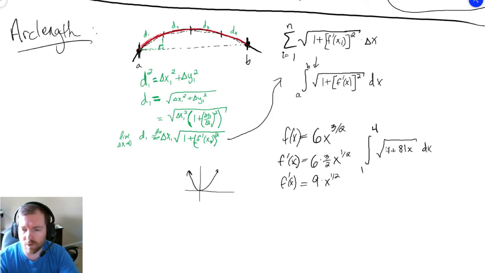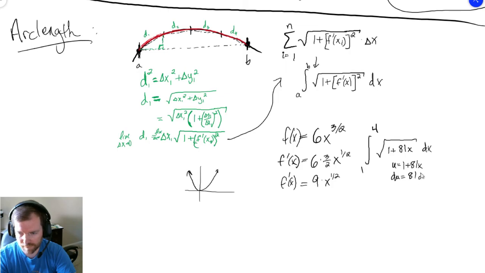Alright, taking the integral of the square root of this stuff, again, let u be equal to 1 plus 81x. So then du is going to be just 81 dx. So we're going to have to get an 81 next to our dx. So if we let this be 81 dx times the square root, we're going to need a 1 over 81 to balance it out.